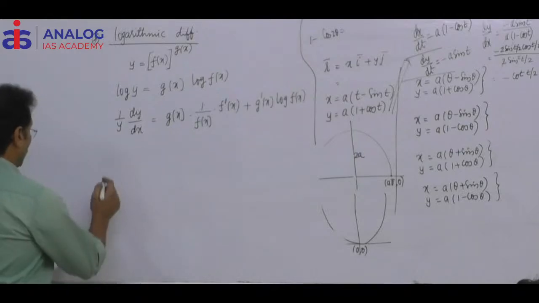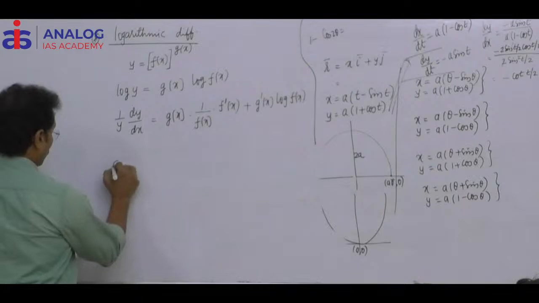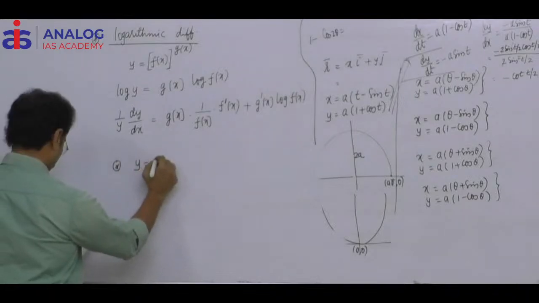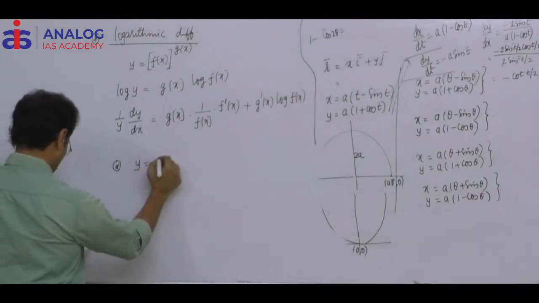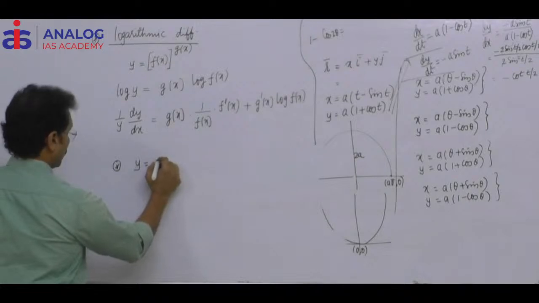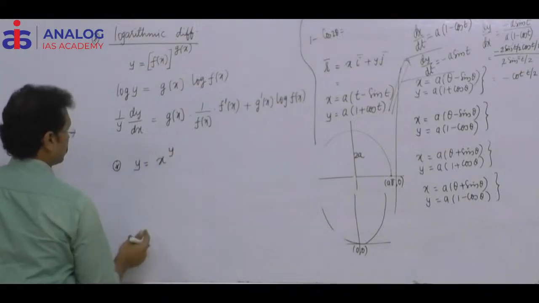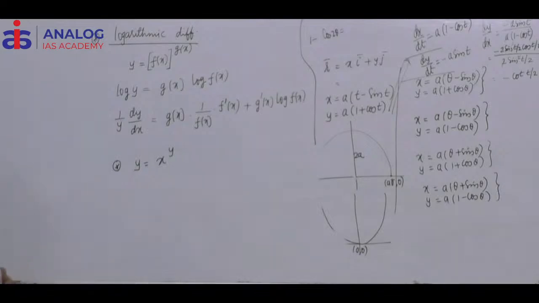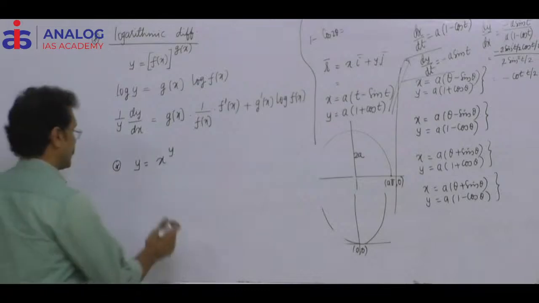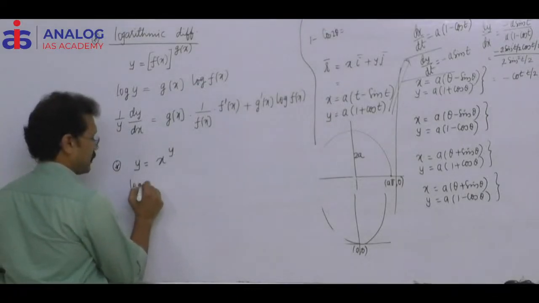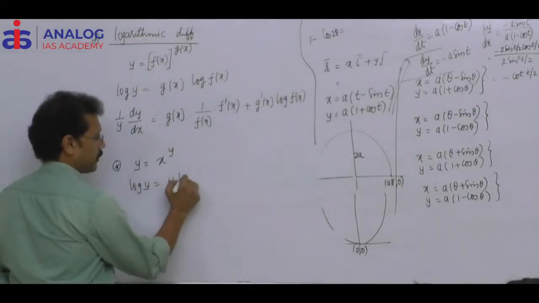Something like this. Let's do it like this, x power y, just like that, nothing special here, but I gave it simply. Suppose y equal to x power y, then find dy by dx. So what we'll do is take logarithm on both sides, which gives log y equal to y log x.